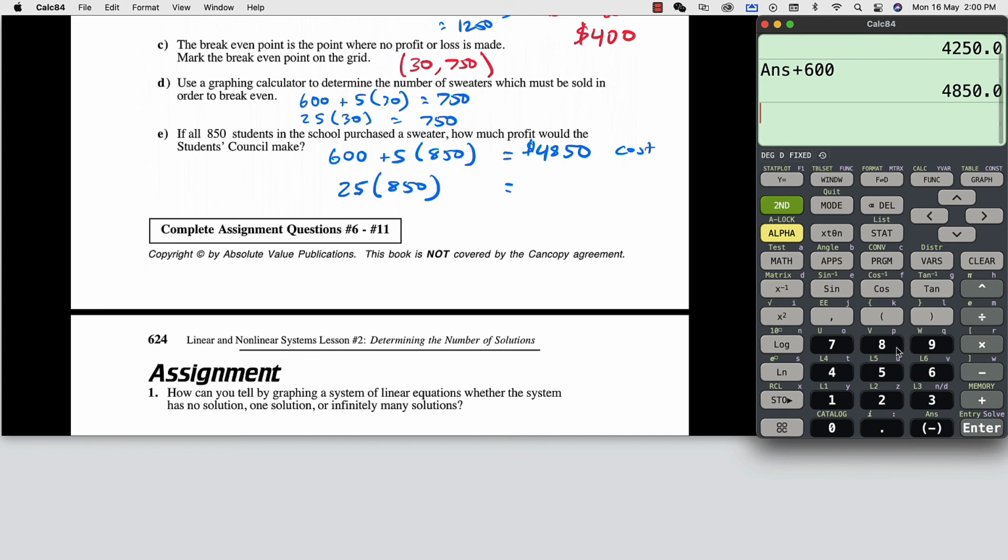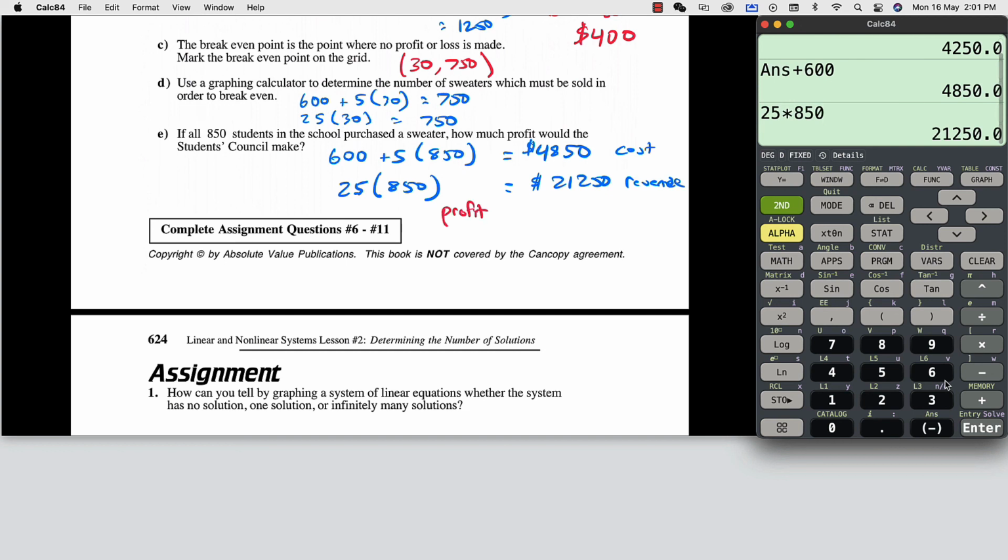And if we now take 25, which is the price that we sell each sweater at, and if there were 850 sweaters sold, that would not be plus, it would be times 850, and we get $21,250 in revenue.